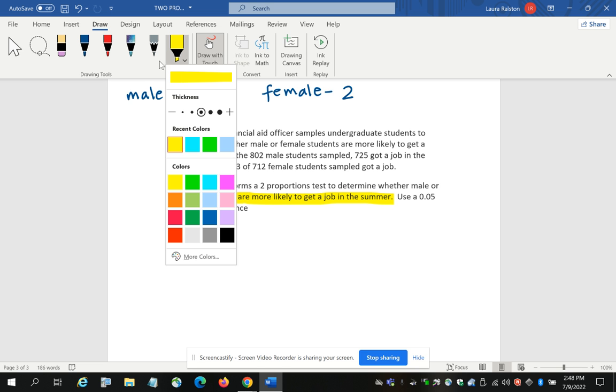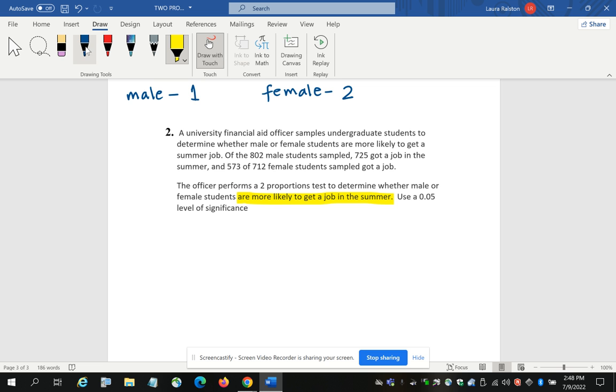So it's kind of like he's going to say, in making this comparison, that males are more likely to get a job in the summer than females. Okay. So again, you're having to read between the lines.